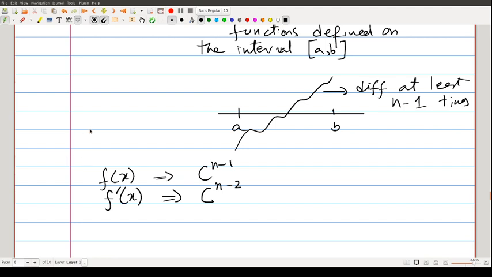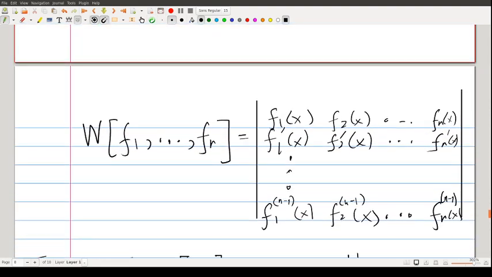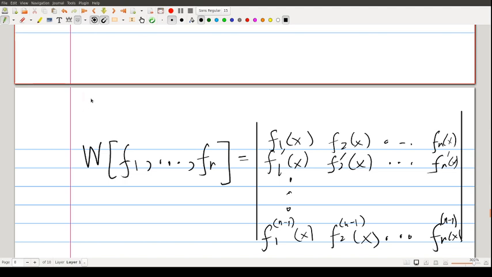Okay, and so here's the idea. We have f1, f2 up until fn. These vectors belong to C^(n-1), that is, they are n minus 1 times differentiable. And so we define this matrix, and actually this determinant.